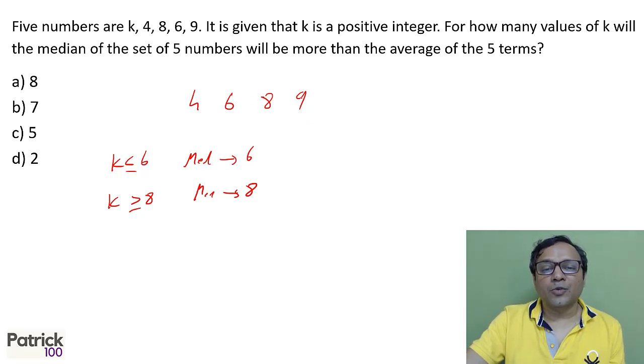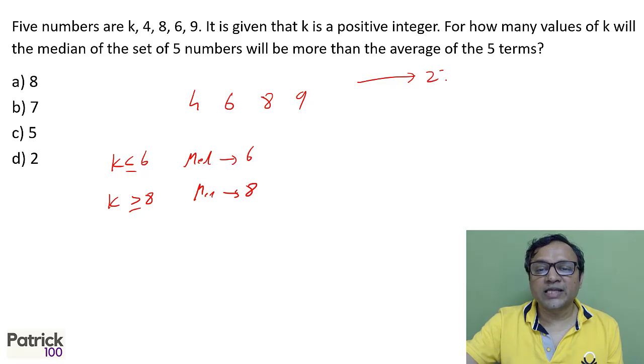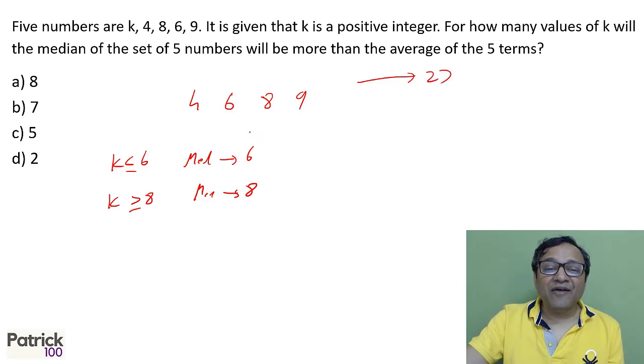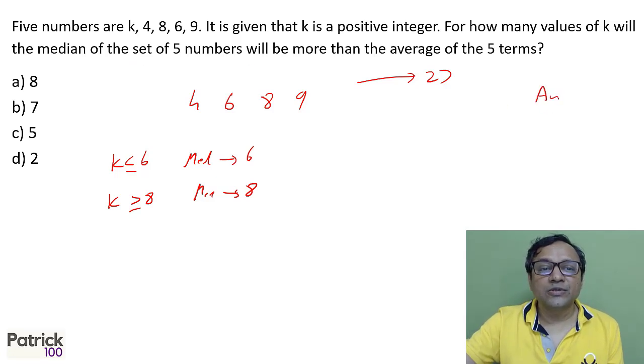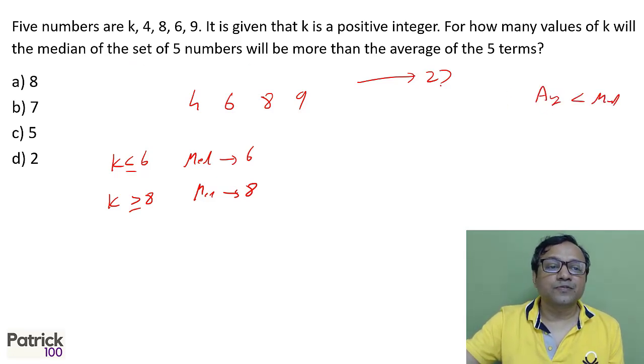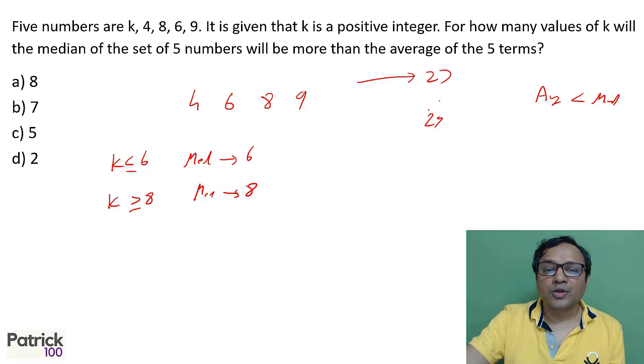The total of these 4 numbers is 27. We want the average to be less than 6. We want the average to be less than the median. Right? So the total has to be 29 maximum. So in which case k can be 1 or k can be 2. So in this case you have 2 values of k. K can be 1 or 2.